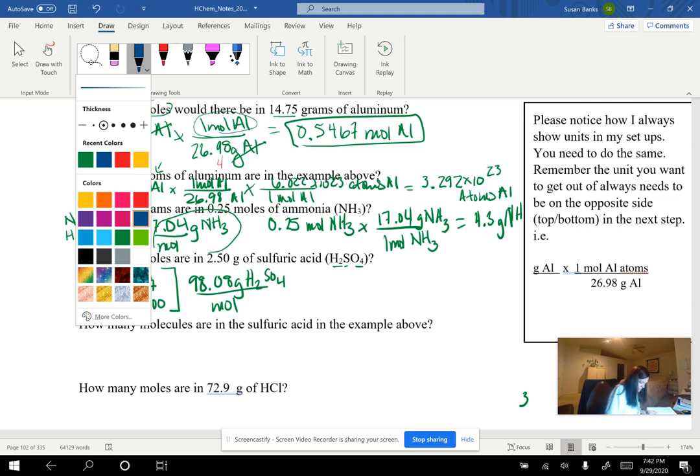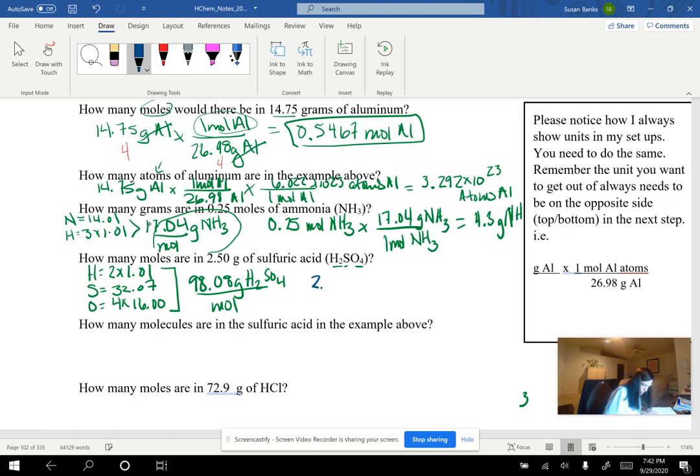So if I have 2.50 grams of sulfuric acid, I want my grams to cancel. So I'm going to put the grams of this conversion factor on the bottom. So 98.08 grams of sulfuric acid will give me 1 mole of sulfuric acid.